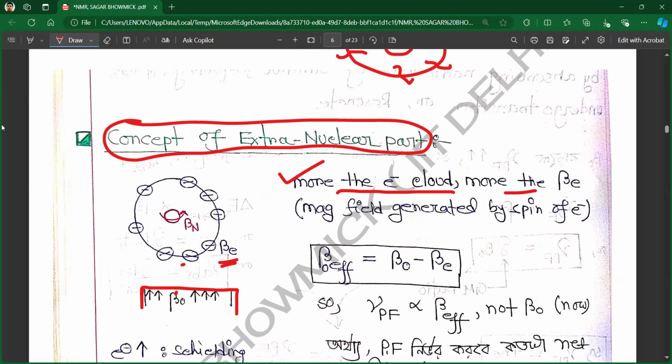I am providing beta naught, but some part is being countered by these electrons. So effectively, beta naught minus beta e is the magnetic field reaching the nucleus. Beta effective means beta naught, the magnetic field I am applying, minus beta e, the magnetic field reduced by these electrons. So the external electrons also play a crucial role, right?